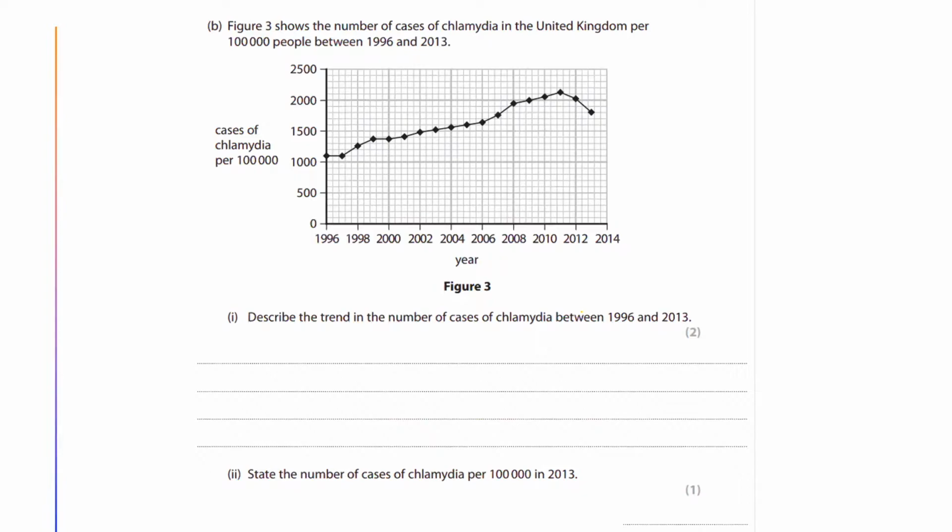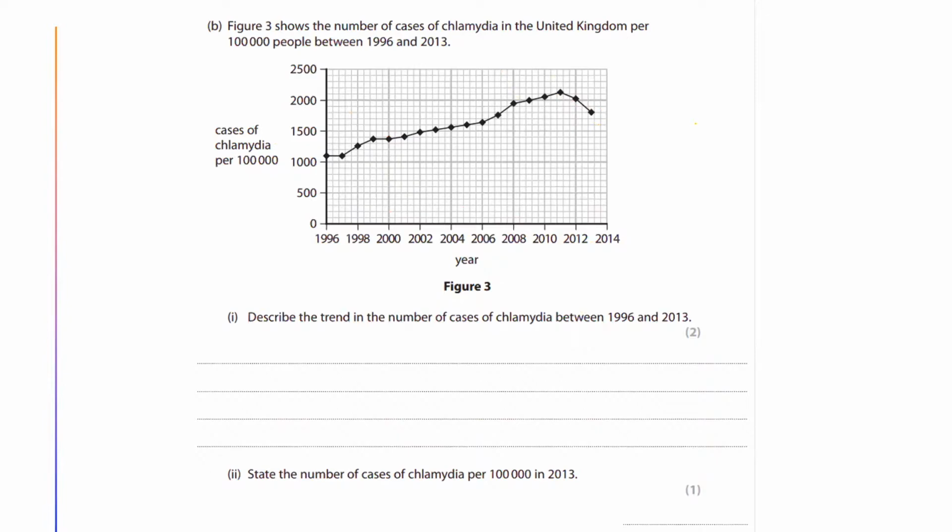You're always going to get some calculations, usually about populations of animals, bacteria, or humans. There has to be some numbers in it.